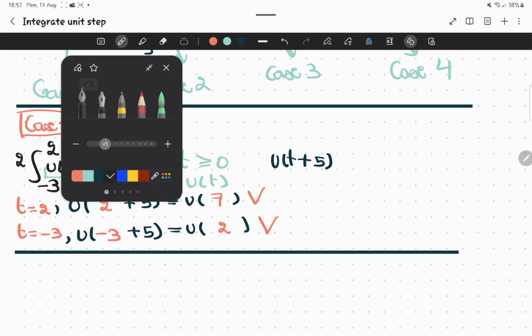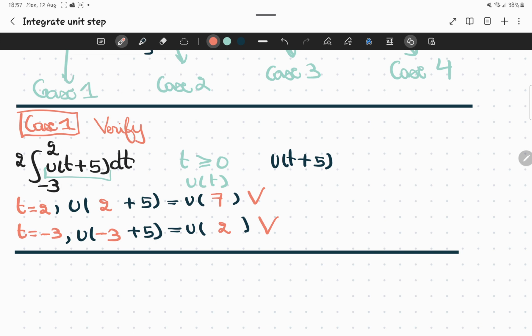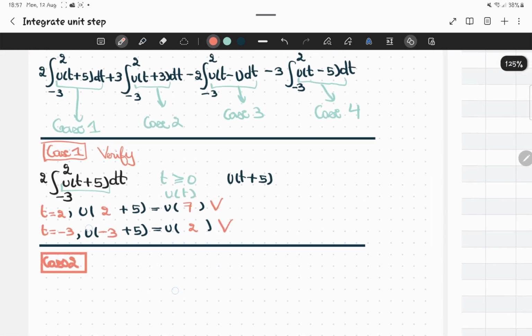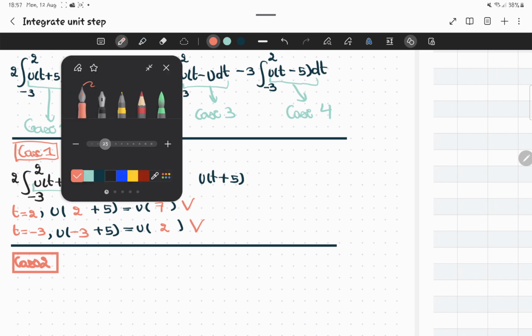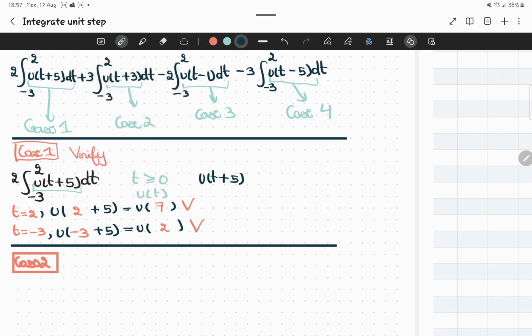Now case 2. The equation for case 2 is the integral from 2 to negative 3 of u(t) plus 3 dt.